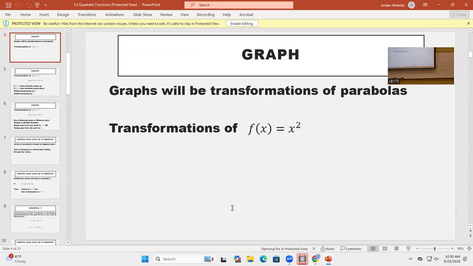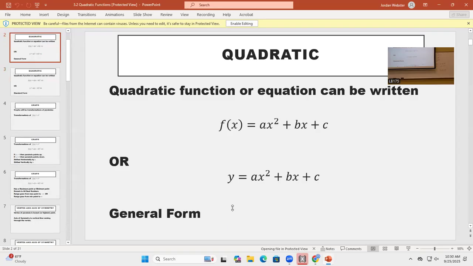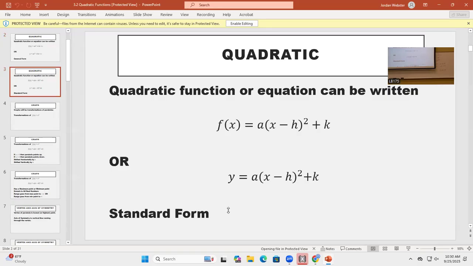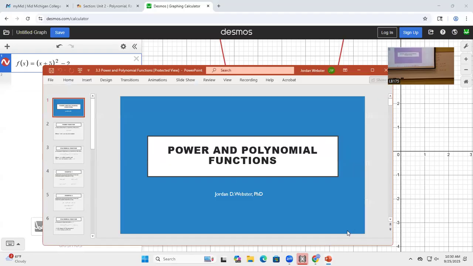And then don't forget how to find the vertex if we have either the standard form or the general form. General form vertex has x value opposite of b over 2a. And in the standard form, it's just the (h, k). Okay. So that's it for section 3.2.